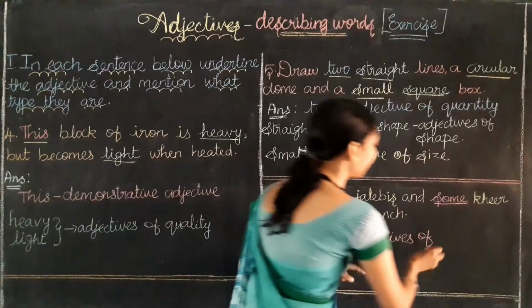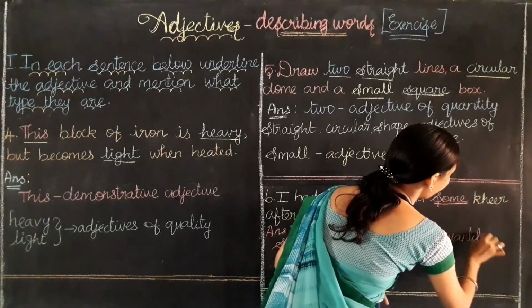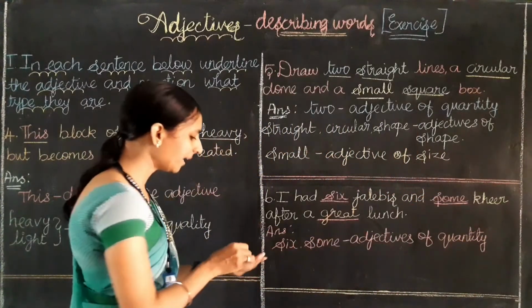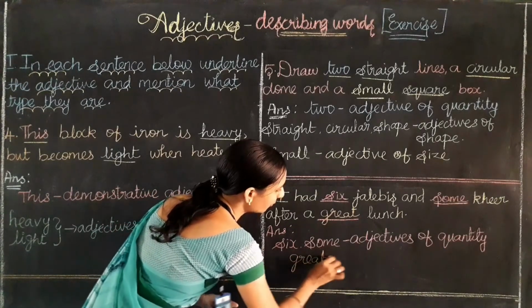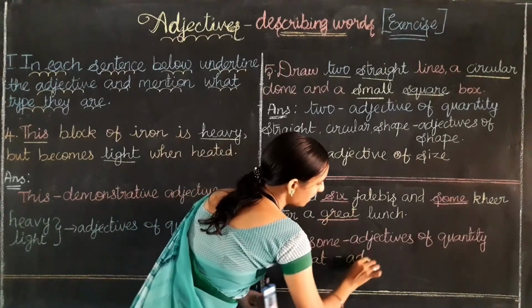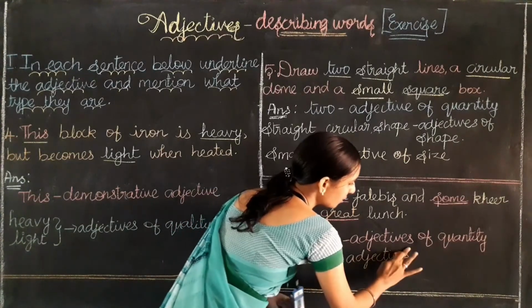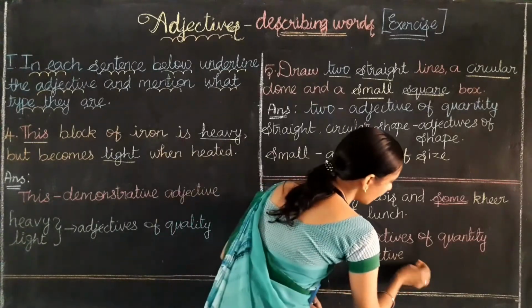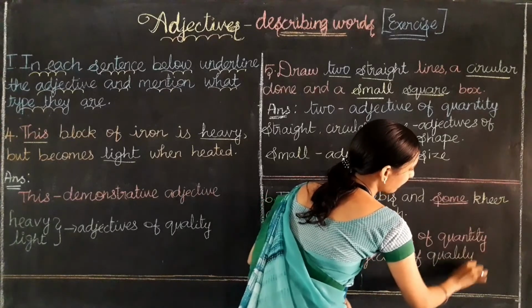Yes, quantity. Adjectives of quantity. And great, it's talk about the quality of the lunch. So here I should not write adjectives. It is a singular one, right? Adjective of quality.